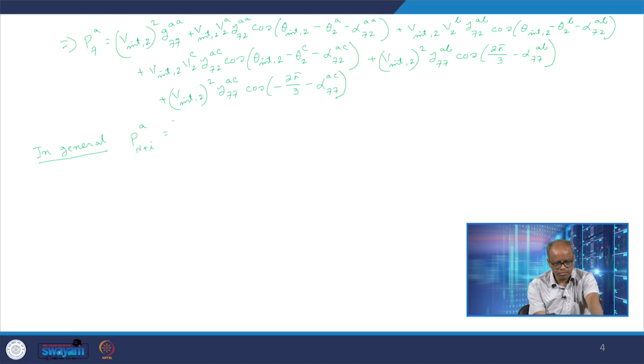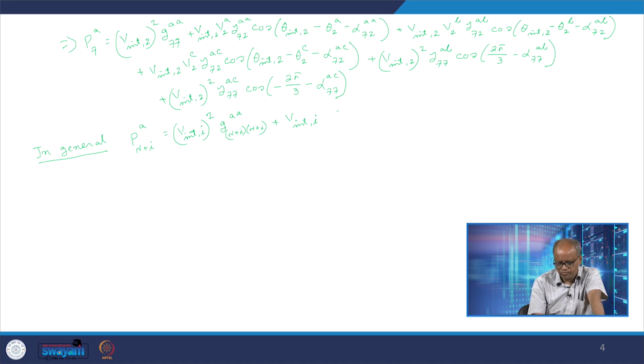So P n plus I a would be V internal I whole square G n plus I a, plus V internal I, then V2A.